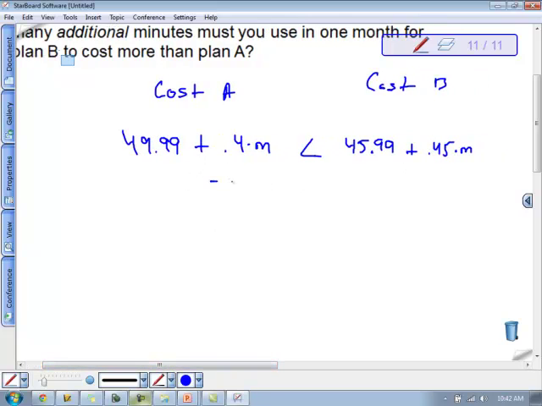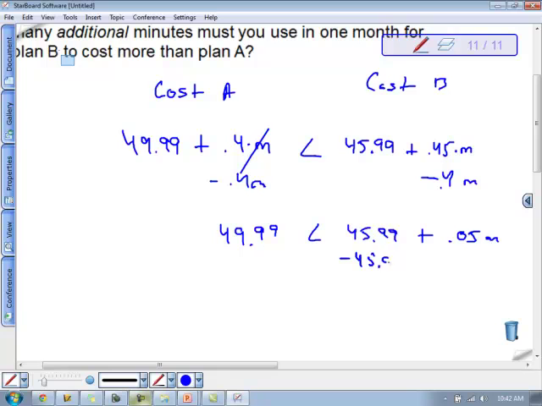So I'm going to subtract 0.4m from both sides. Give me $49.99 is less than $45.99 plus 0.05m. And then I'm going to subtract $45.99. And this gives me 4.